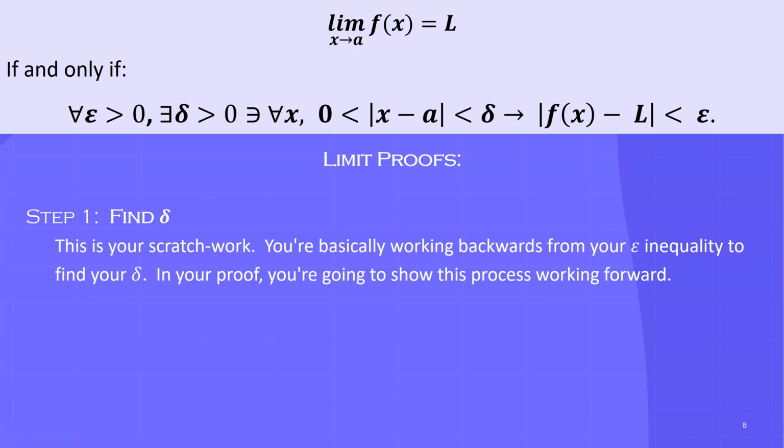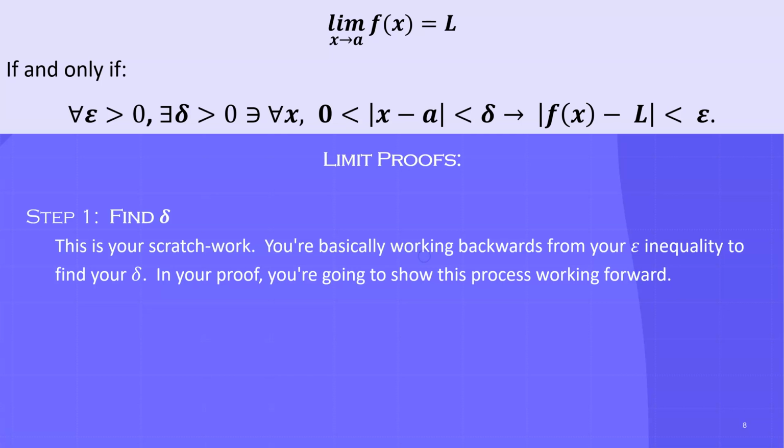So we have to come up with a delta to claim that there really is a delta that would work for all epsilon. In this step 1, which is what we want to focus on in this video, we are going backward to show what delta is given some arbitrary epsilon.